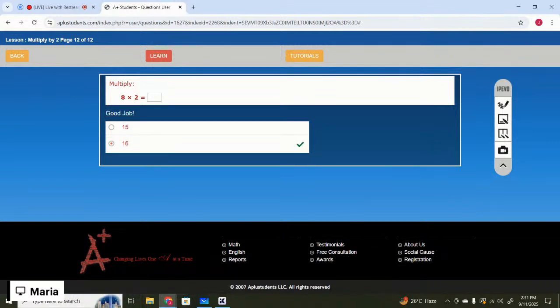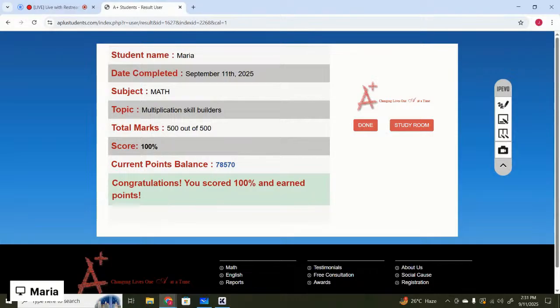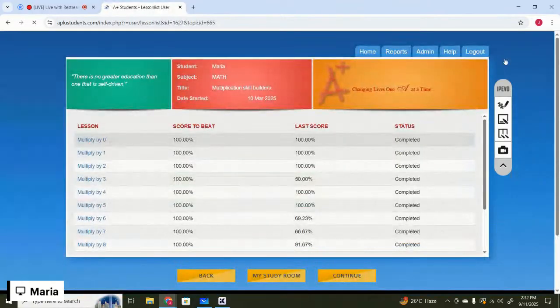Okay, we are done with the lesson. Let's just move on to the next lesson. That is multiply by 3. So multiplying by 3 is the same as skip counting by 3s, right?